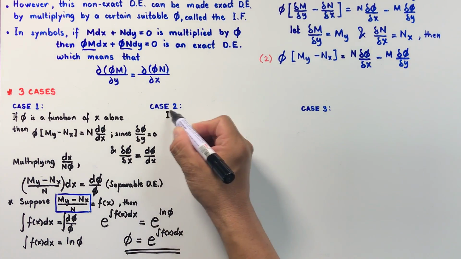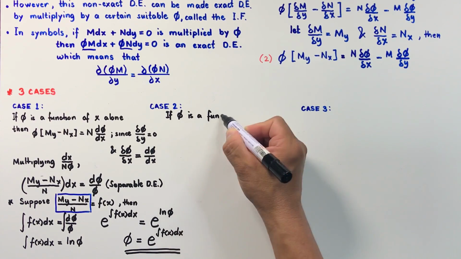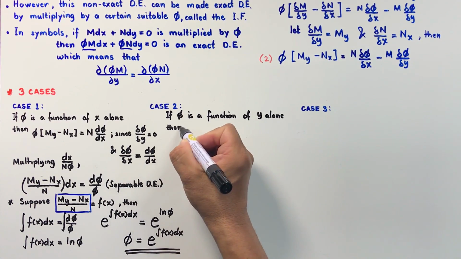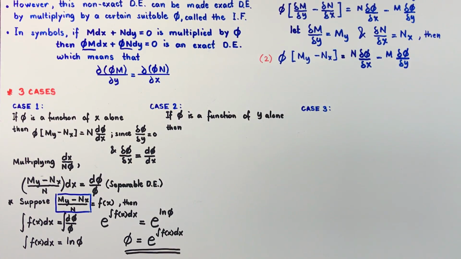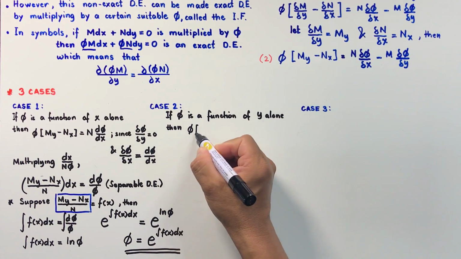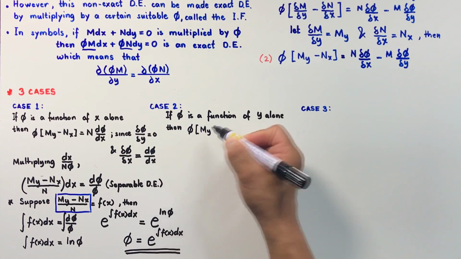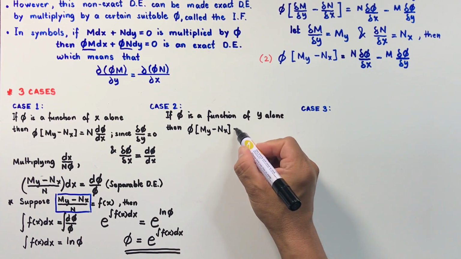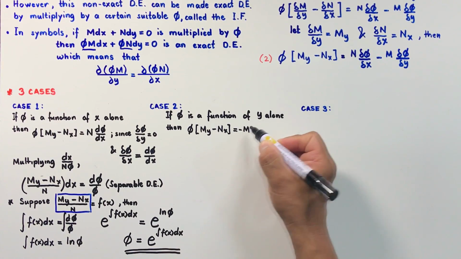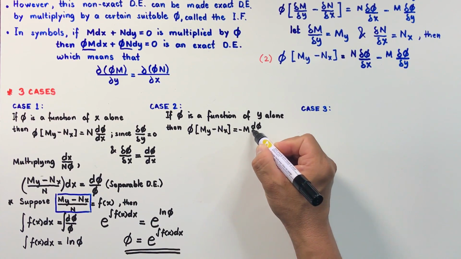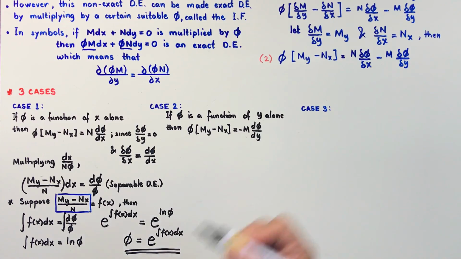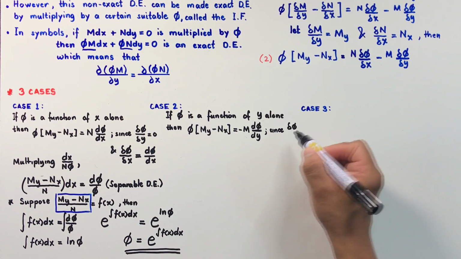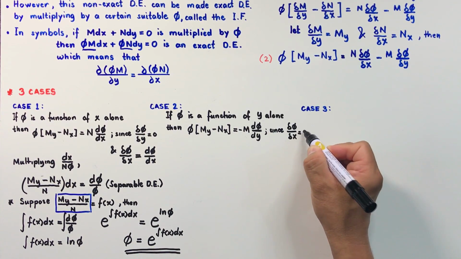But if your phi function is a function of y alone, then this equation 2 reduces to phi times the partial derivative of M with respect to y minus the partial derivative of N with respect to x, which is equal to minus M times the derivative of phi with respect to y, since our partial derivative of phi with respect to x is 0.